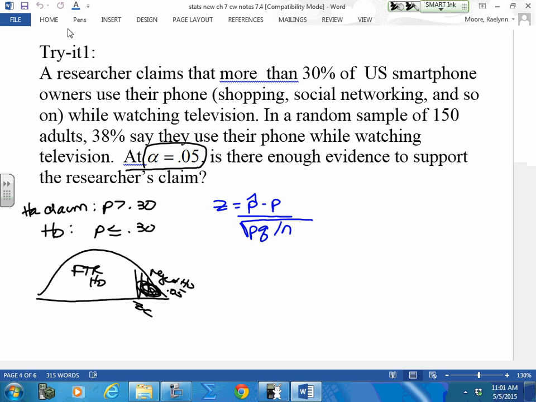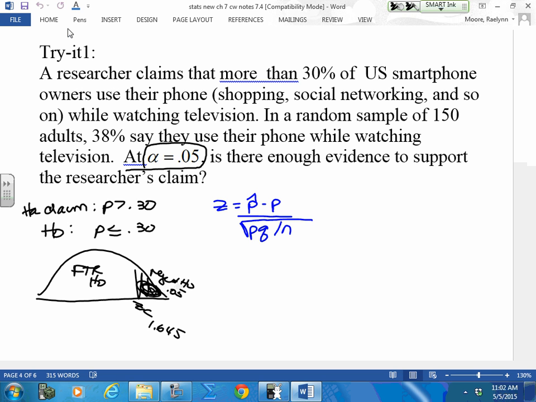Go on your calc and do second, inverse norm, and do a 0.05 in your area. So if I'm in the negative, look up here a sec, but I'm on the right-hand side, so 1.645. Good. That's my cutoff value.